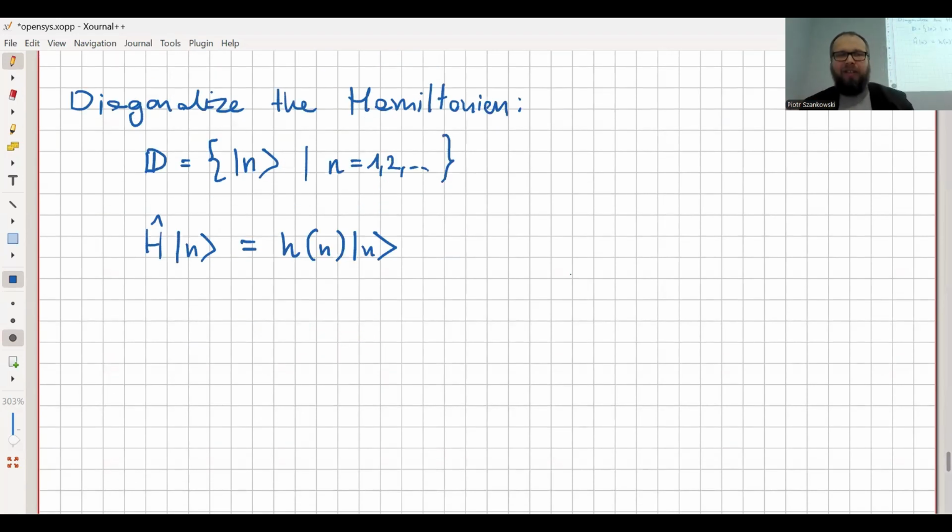Or to put it differently, the operator of the Hamiltonian can be spectrally decomposed, which means that you can write it using the basis as a sum of projection operators onto eigenkets weighted by the eigenvalues.